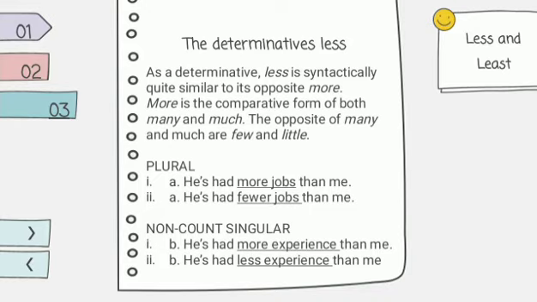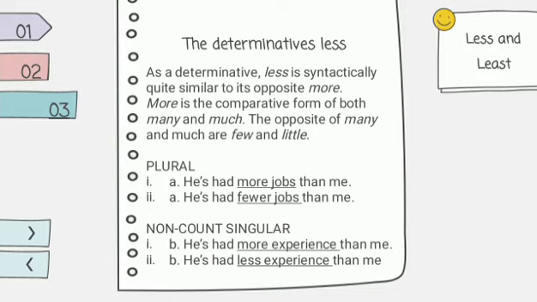As a determinative, less is syntactically quite similar to its opposite, more, but there are also significant differences. More is the comparative form of both many and much, which occur with plural and non-count singular nouns. The opposites of many and much are few and little, and these have distinct comparative forms, fewer and less.